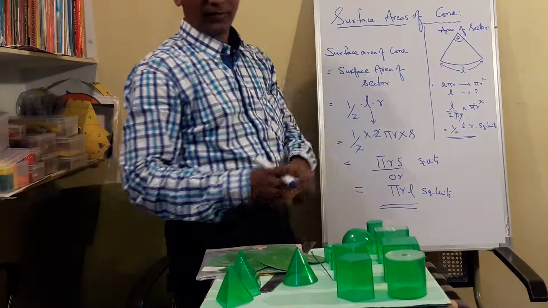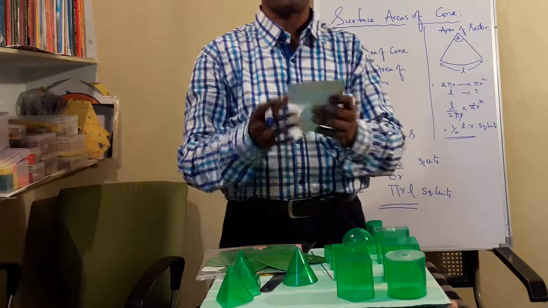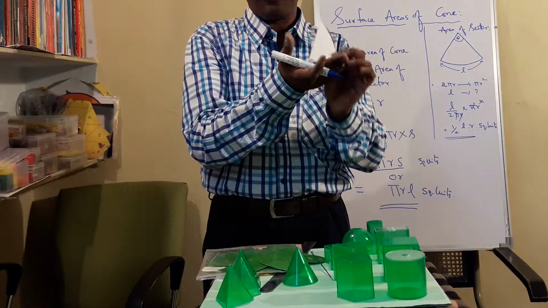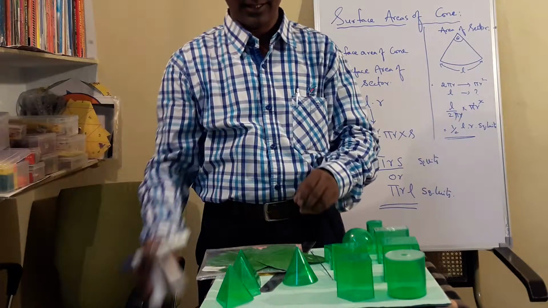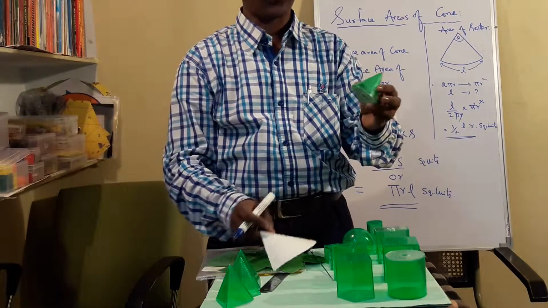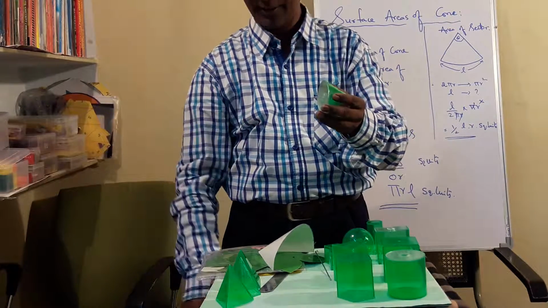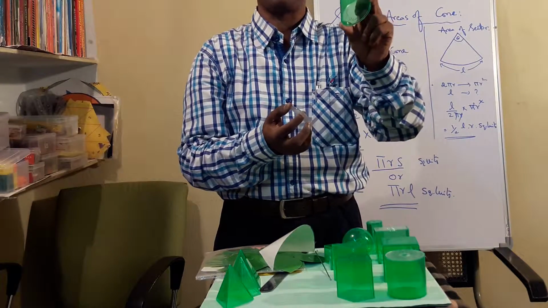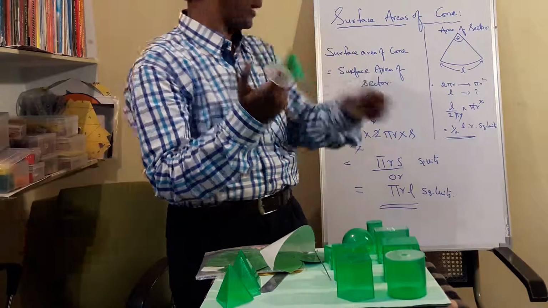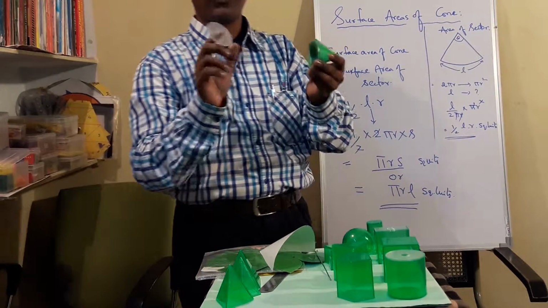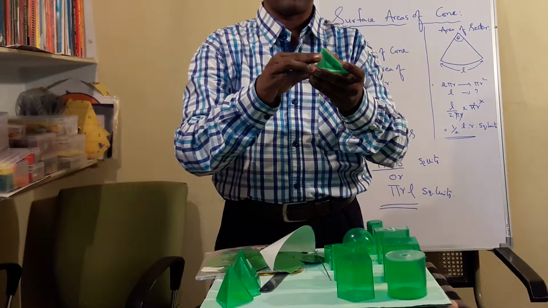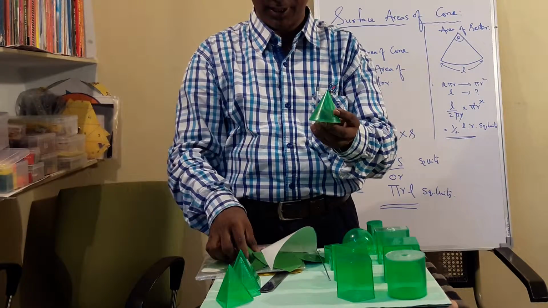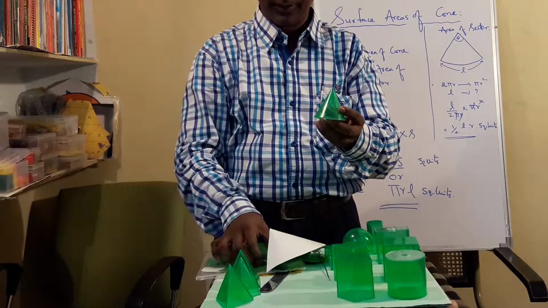Fine. Now let us suppose we take a cone which also has a base. See, this is the base and this is the hollow cone. We have derived the hollow cone surface area, and now let us derive the total surface area of the cone. I am taking the net diagram of this cone.